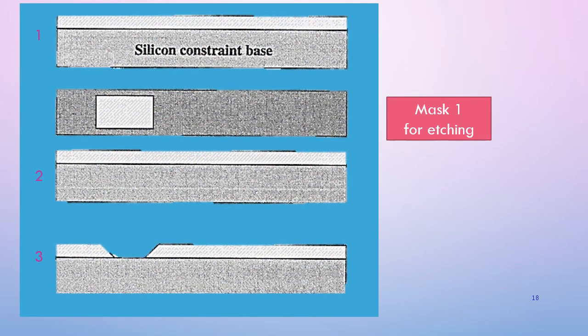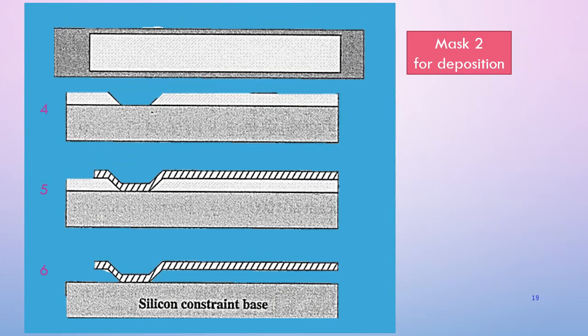So the first one, let's say this is a silicon substrate with a layer of the oxide. Then what you have to do is place mask 1 for the etching process. Then you can etch away the oxide layer over here. After the first etching, the second mask will be placed, and then the deposition of polysilicon will be performed here.